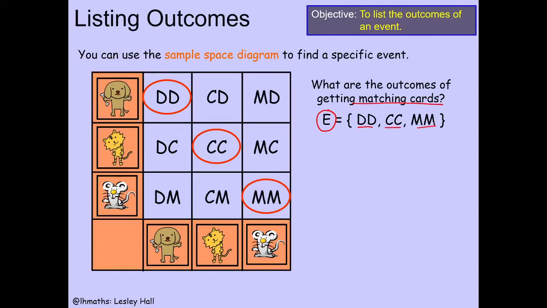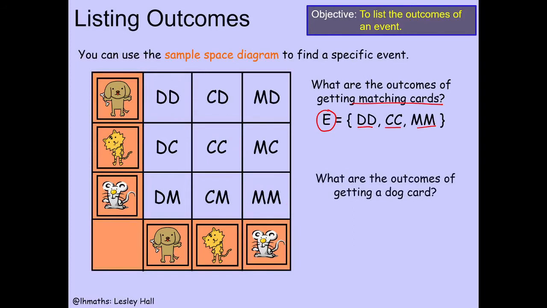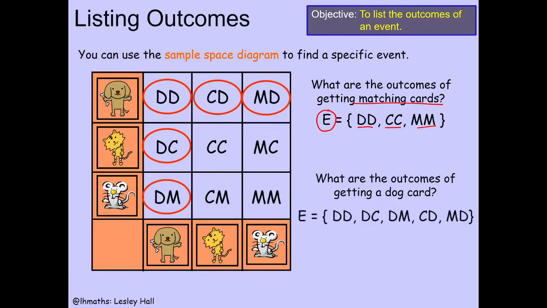And how many outcomes are there? I'm gonna be having N of E. That's 3.